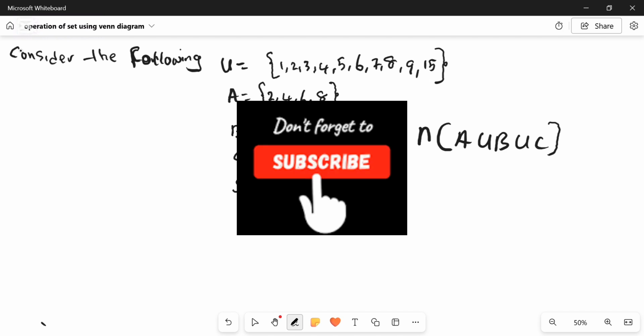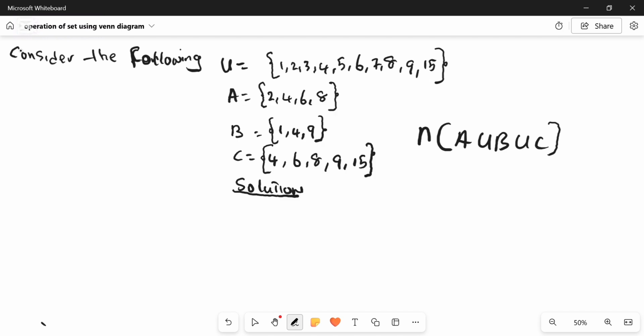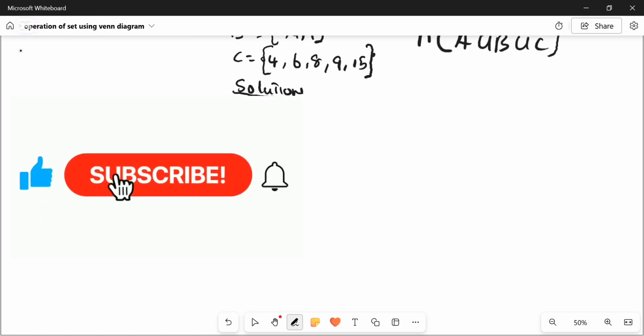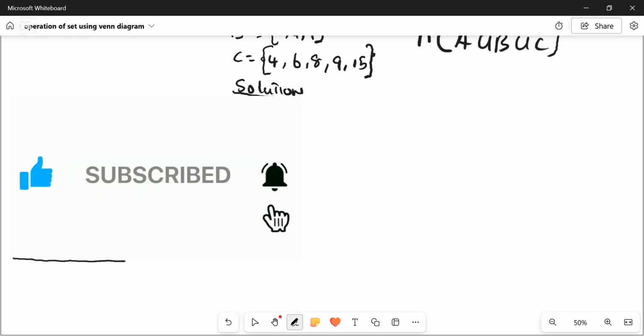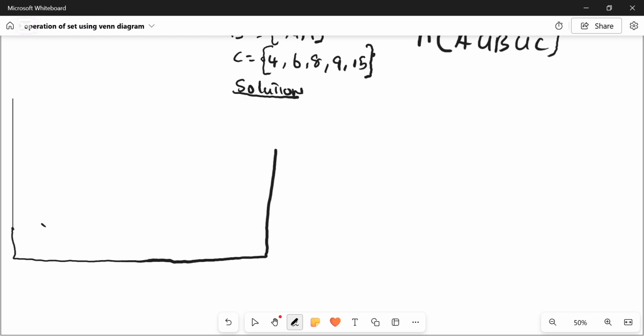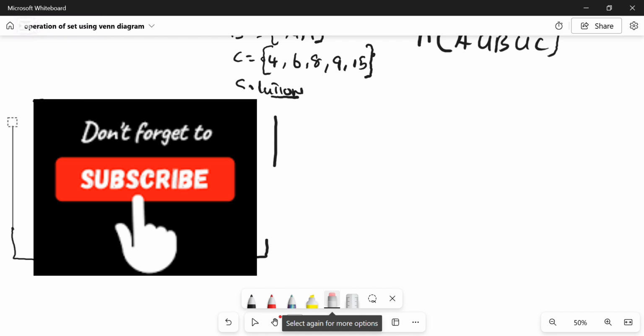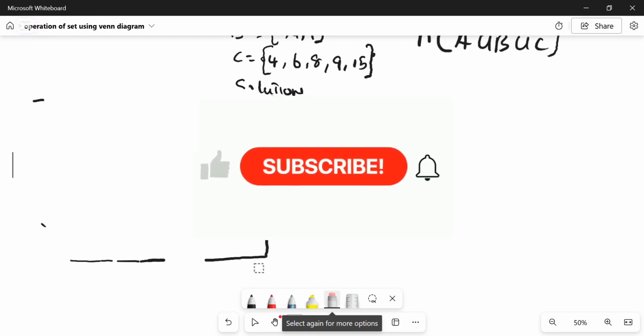So let's represent these elements on the Venn diagram. You know your universal set. Let's do our universal set first. Let's increase this a little. So this is our universal set.